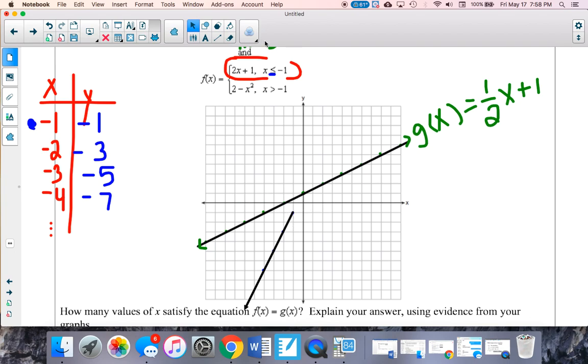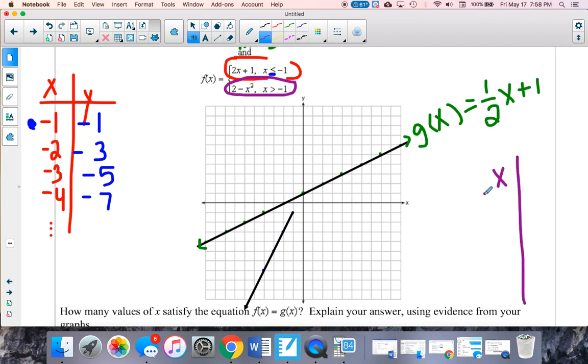Okay, let's do the other one, and I'll do this one in purple, my favorite color. 2 minus x squared, when x is greater than -1, just greater than. So I got -1. I need numbers greater than -1. 0, 1, 2, and so on and so forth.